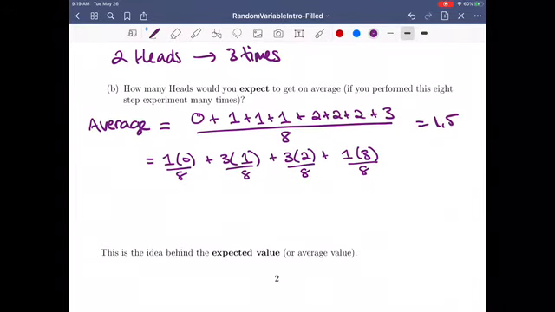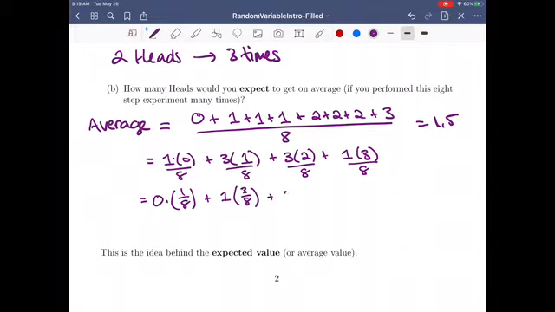Then I'm going to rewrite this. Instead of doing the multiplying on the top first and then dividing, I'm going to do the 1 over 8 first, so divide and then multiply by 0. Then I have 1 times 3 over 8, 2 times 3 over 8, and 3 times 1 over 8.